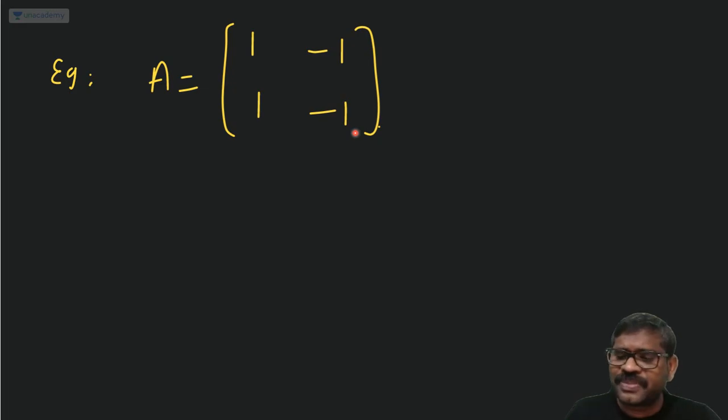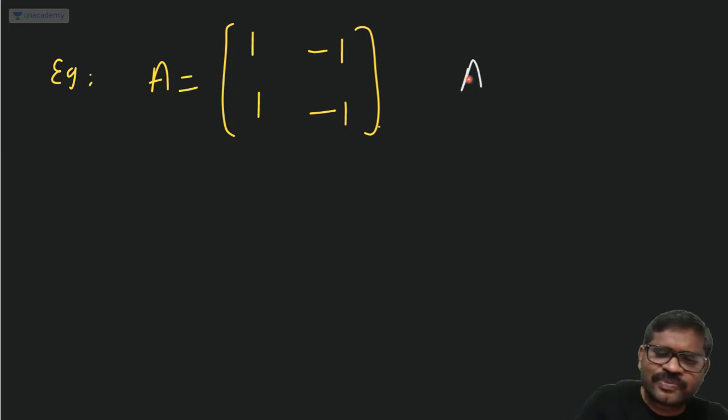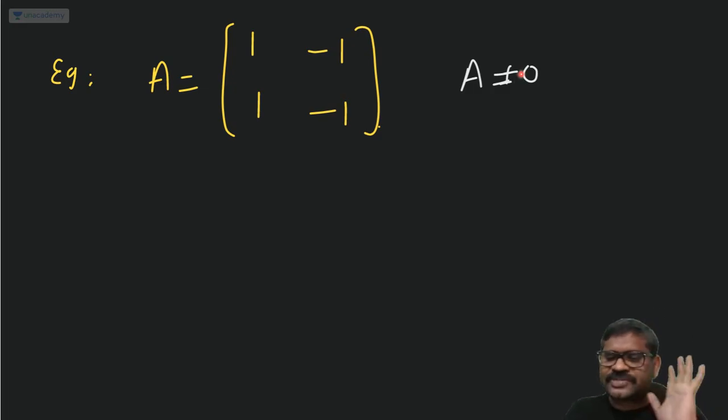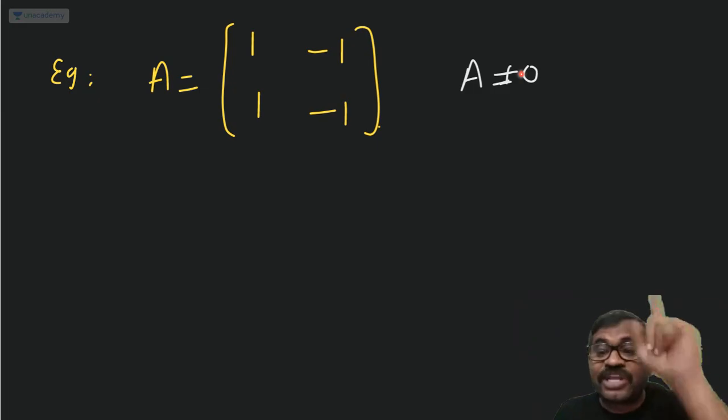Okay. A is non-zero. A is non-zero matrix. Suppose A square is 0. Then you can say that A is a nilpotent matrix of index 2. Suppose A is non-zero, A square non-zero, A cube non-zero, A power 4 is 0.